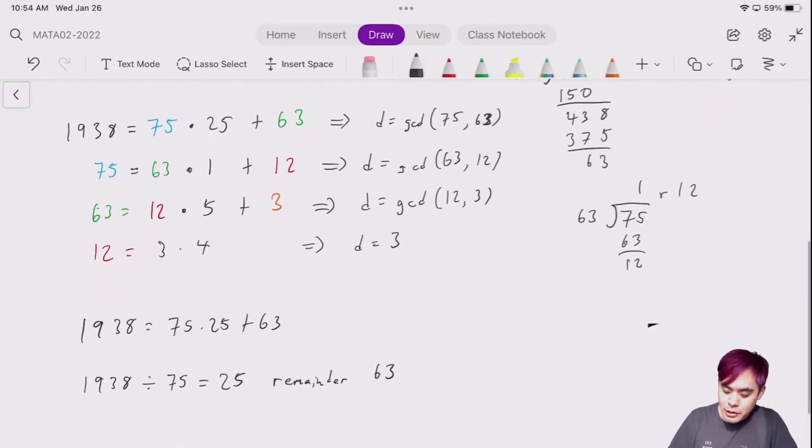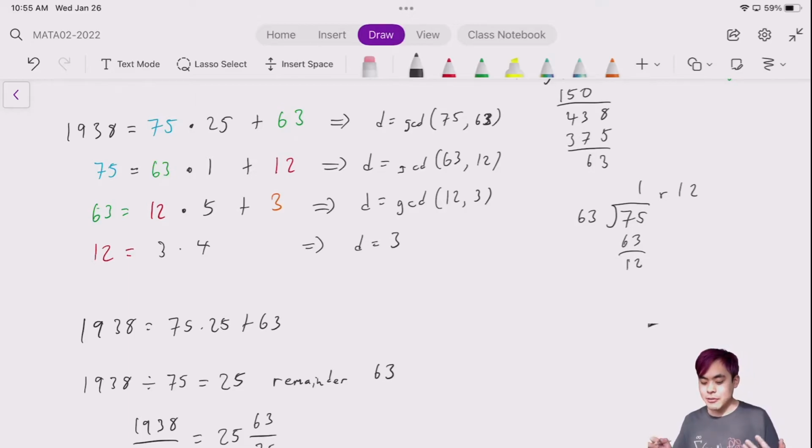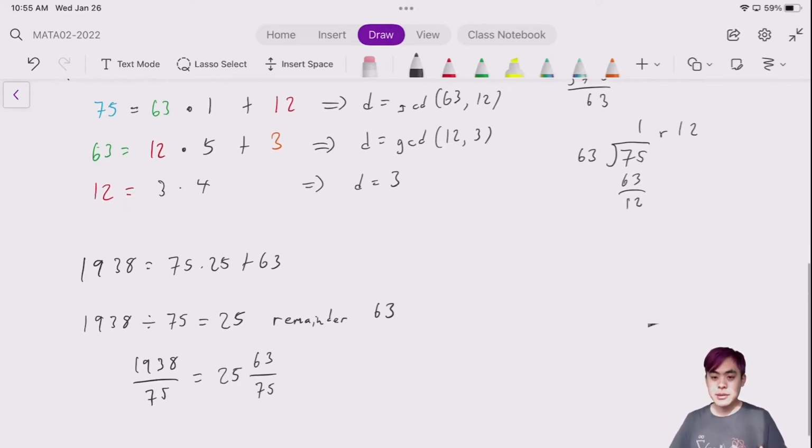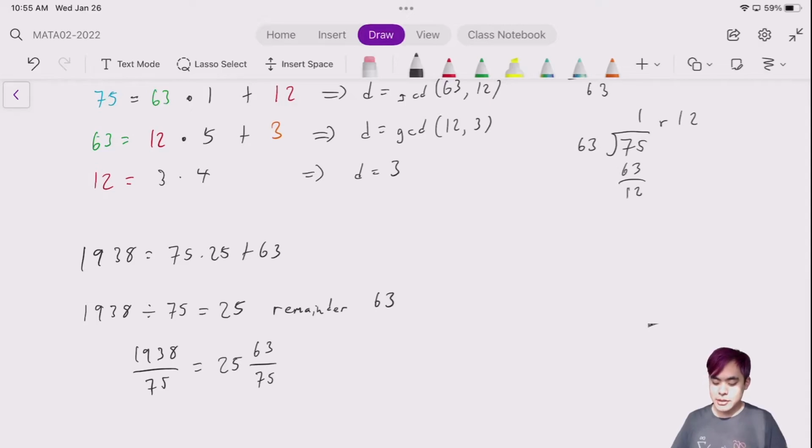Okay? Another way of thinking about this: I keep on writing 83, because that's a number that's fixed in my head, unlike 38. But anyway, 1938 divided by 75 is equal to 25 and 63 over 75, right? So that's another way of writing out the division. So it's 25 remainder 63.